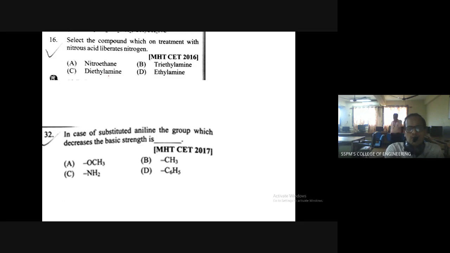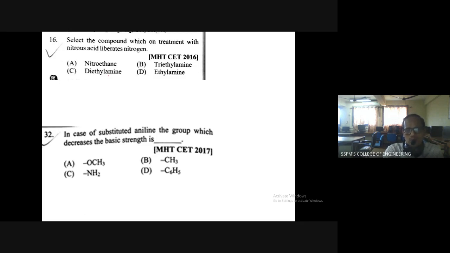So see, you should know what is the type of reaction. In reactions we have studied that nitrous acid when added to an amine leads to formation of a diazonium salt, and then when it is hydrolyzed, nitrogen gas is evolved.